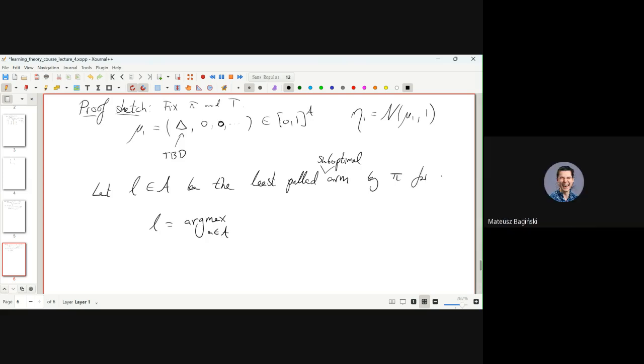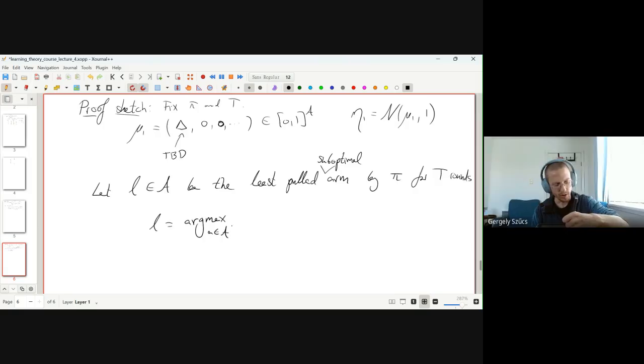Okay. So this is going to be the argmax of the expected value under the distribution of the interaction of eta 1 with pi of the counts of each arm up to time t.